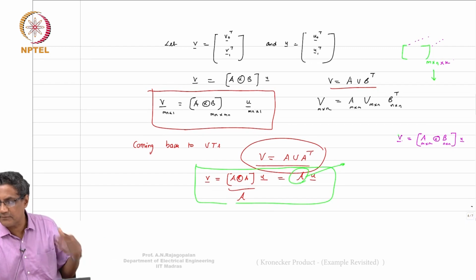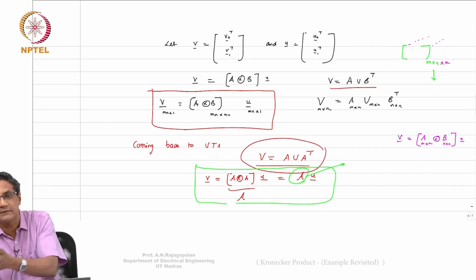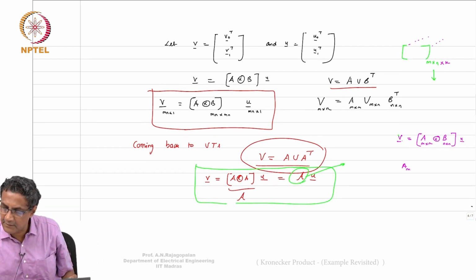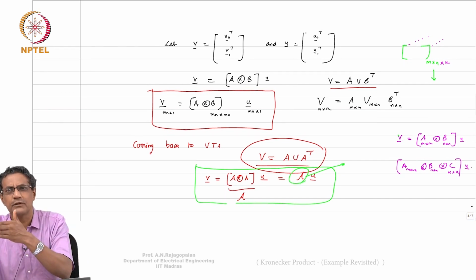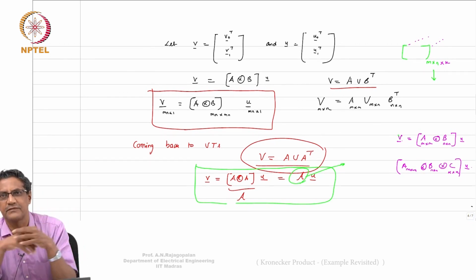You'll do A, M cross M, then Kronecker B, N cross N, then Kronecker C, K cross K. Because when you take a video, you can't assume that you will have as many frames as the size of the image.